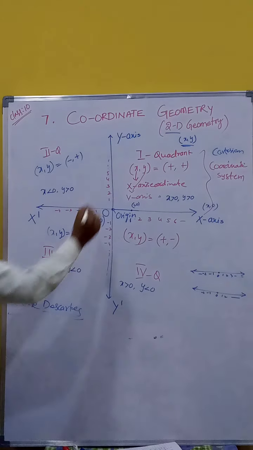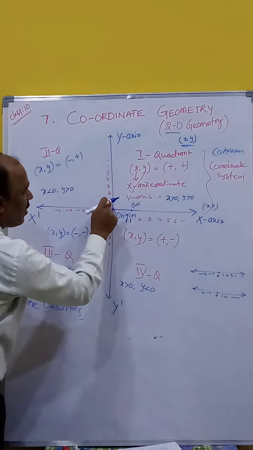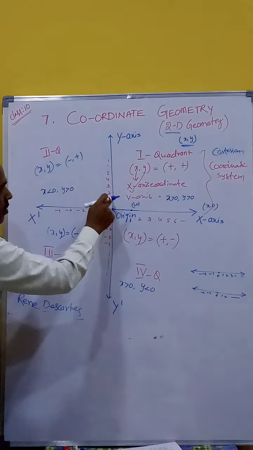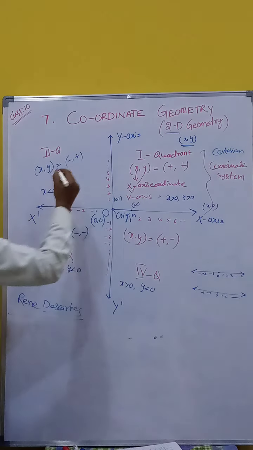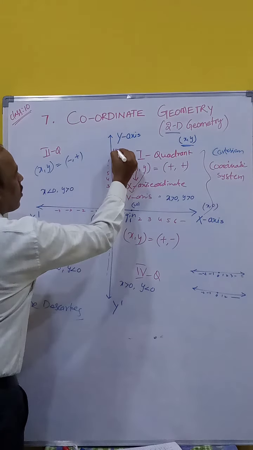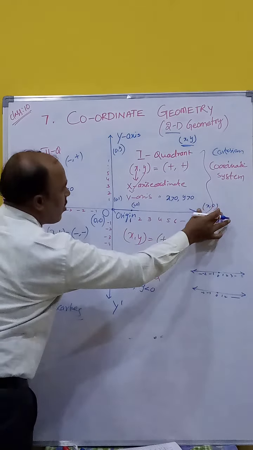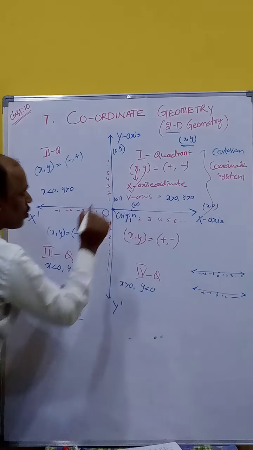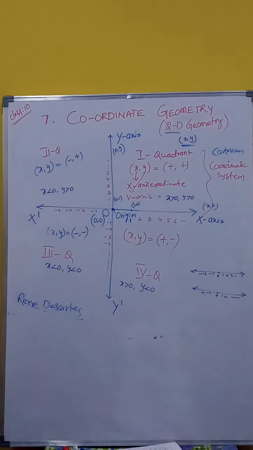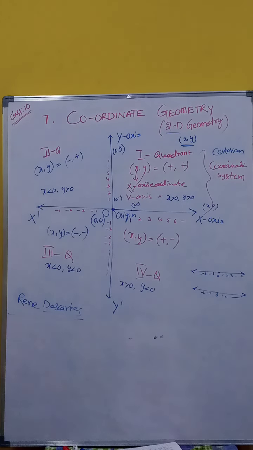On the y-axis, suppose you select this point, the x value is 0, so you write 0 comma 1. Generally we can write 0 comma y. Clear, students? On the x-axis x comma 0, on the y-axis 0 comma y. The intersecting point of these two is 0 comma 0, that is the origin, where x and y are both 0.